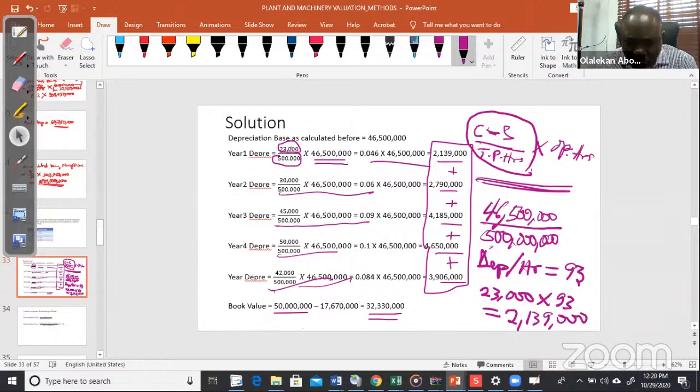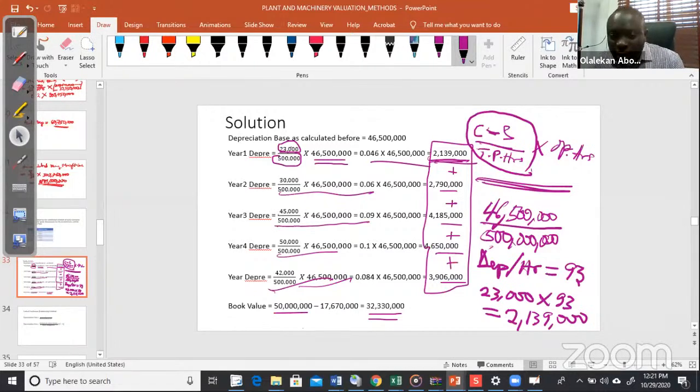If you look at the figure we got before, it's still 2,139,000. So the advantage of this is that when you get to year 2, you just use your 93 to multiply 30,000. When you get to year 3, you just use your 93 to multiply 45,000, and so forth. You will get the same answer.